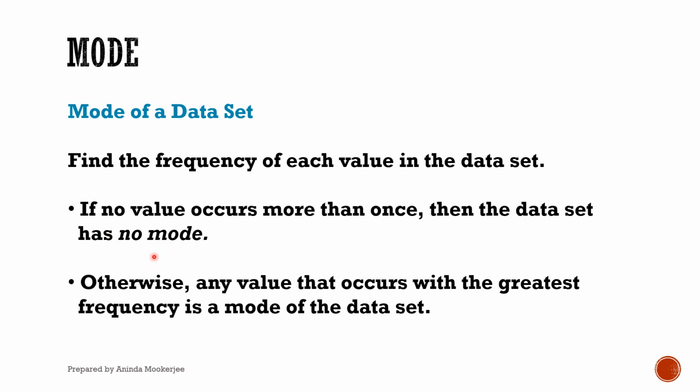So if all the values occur once in the data set, then the answer to what the mode is going to be is that there's no mode. Otherwise, any value that occurs with the greatest frequency is a mode of the data set, right?